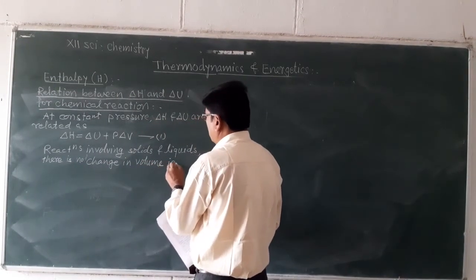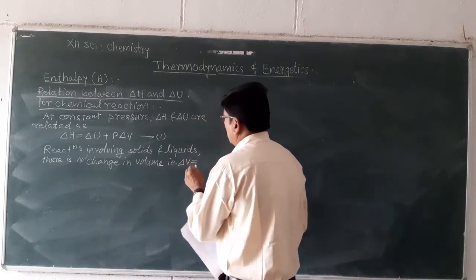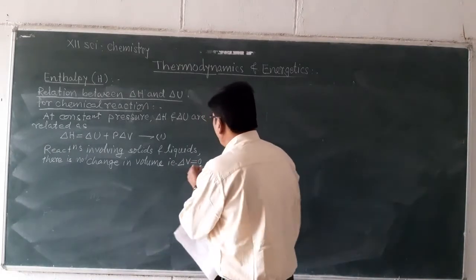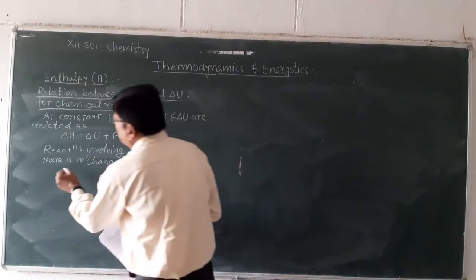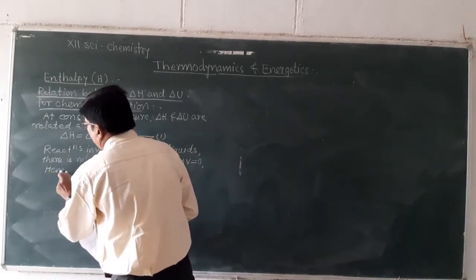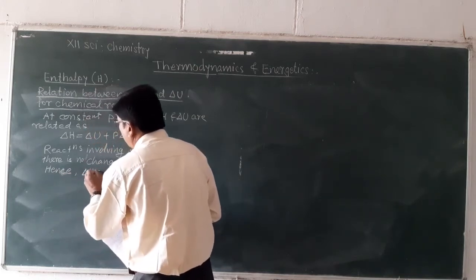That is, delta V is almost equal to 0, and therefore in this case delta H and delta U are the same.